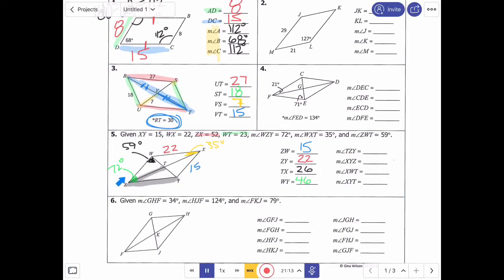So it's going to be less than 72. Now if I look up here, I know that this part of the parallelogram, that small angle, is 35. So if we think about alternate interior angles, this TZY angle would also have to be 35 degrees. Okay, because these two guys would be congruent.